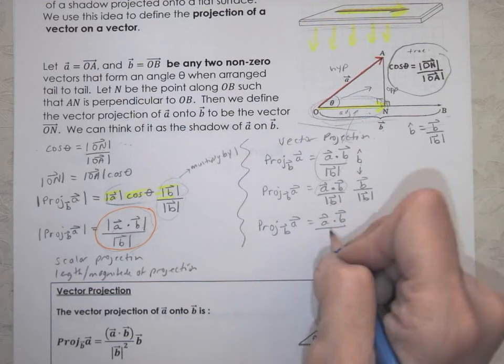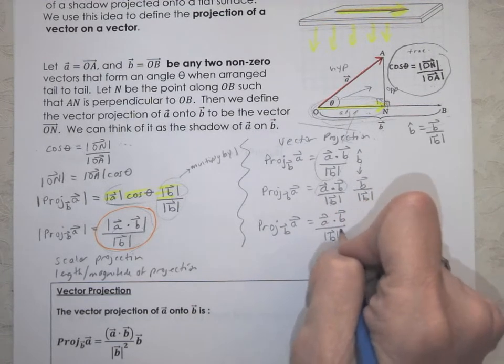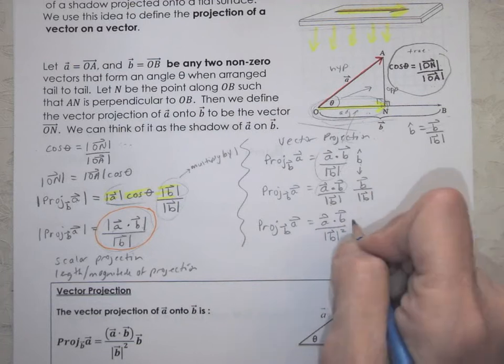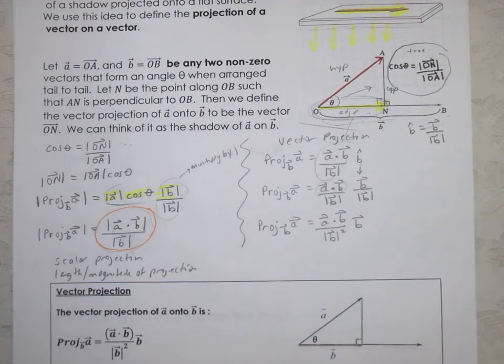If I multiply the denominators together, I get the magnitude of vector B squared, which is also a number, and I'm multiplying that by vector B, which is a vector.